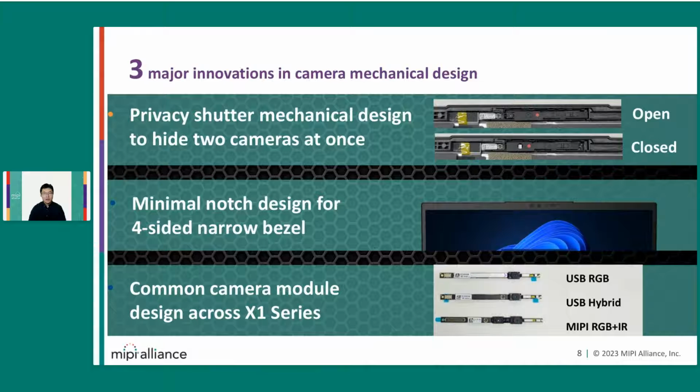We also need low-cost solutions, so we designed a common camera module across the X1 series. We also design different camera modules but fit them into the same mechanical design. These are some innovations we considered in our design as well.